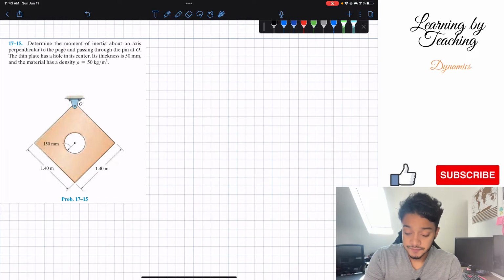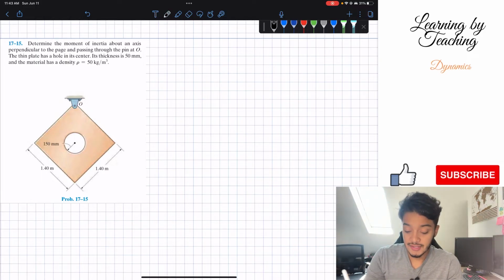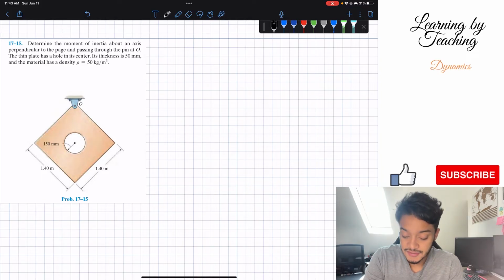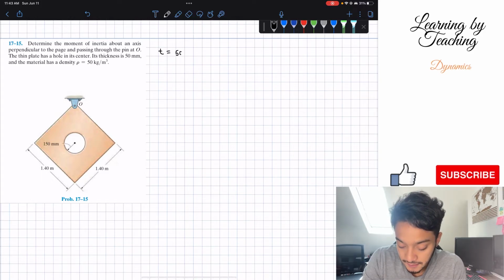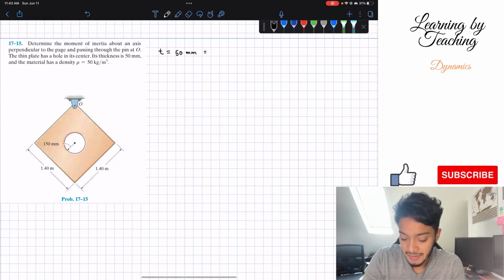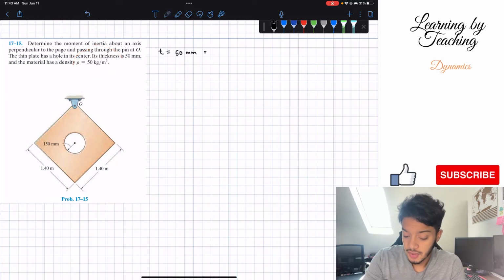Okay? So the first thing that I like to do in all of these problems, again, is just to write down my givens. In this case, the first given is the thickness, I'm going to write it as T, equal to 50 millimeters. And I'm going to convert it into meters just because my density is given in units of kilograms per meter cube, so we have the same units.